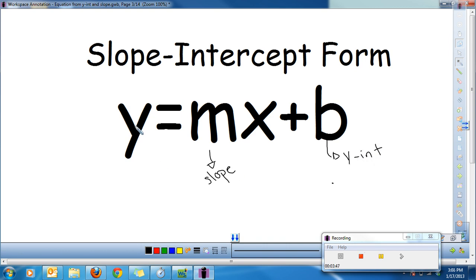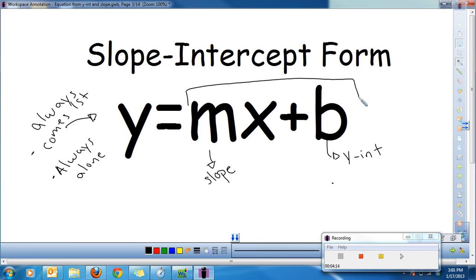This y and this x are going to represent a point on your line, which we'll talk more about later. What I want you to know right now is that this y will always come first. It always comes first, and it is always alone. If we are in slope-intercept form, this y needs to be alone.